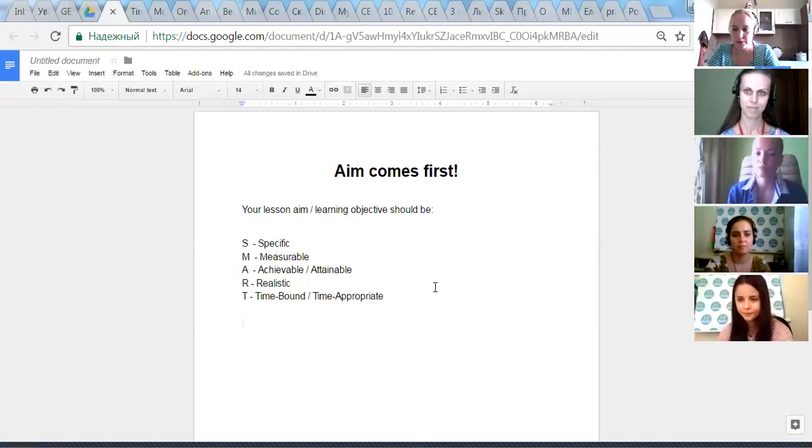What does this word mean? Synonym for achievable and attainable. It's relevant also. I like the word relevant. I like the word reasonable. So let's think about this aspect.